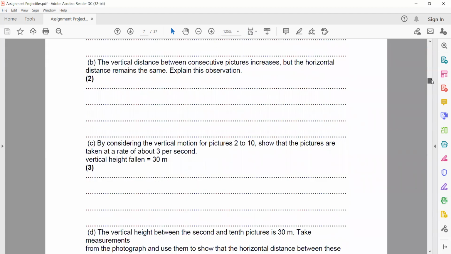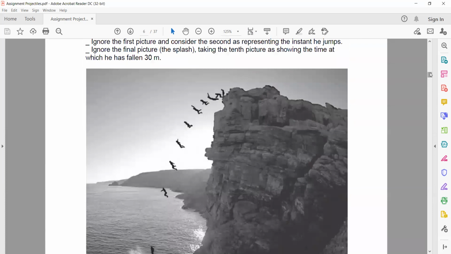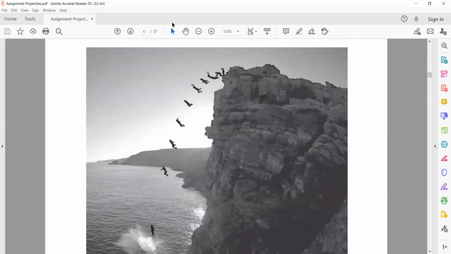By considering the vertical motion of a picture from 2 to 10, show that pictures are taken at a rate of 3 per second. The vertical height fallen is 30 meters.